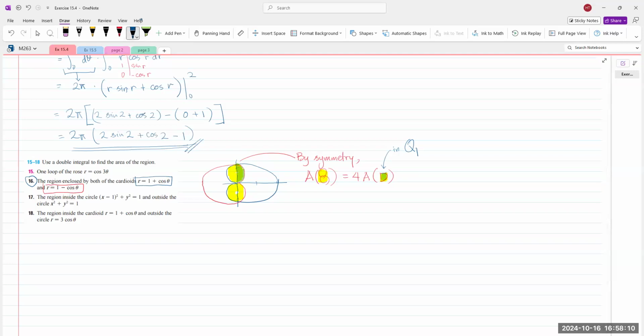Okay, so the area that we need is equal to 4 times the double integral of the curve in red. The curve in red is 1 minus cosine theta.